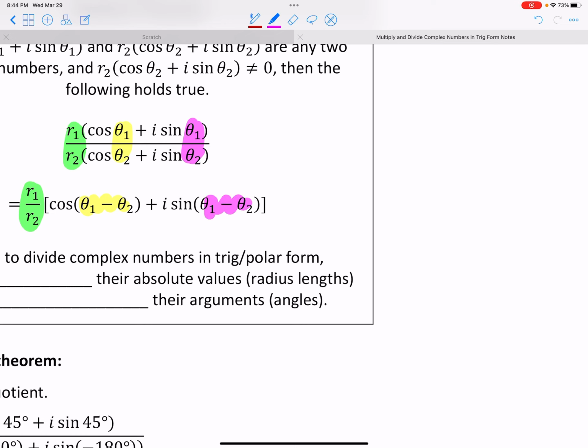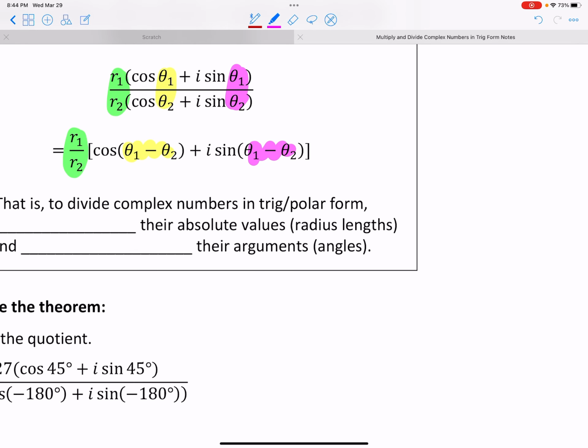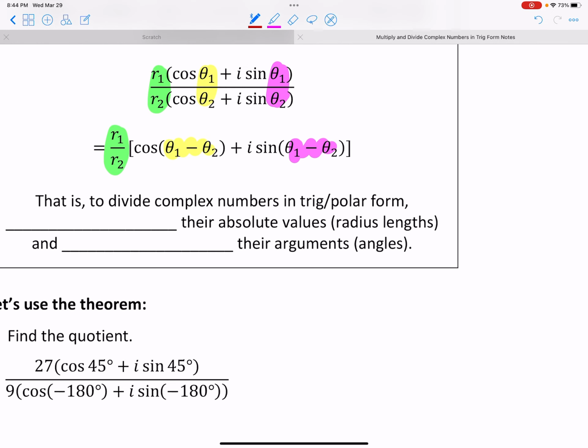It's going to be the same difference. That's going to be what represents our quotient. That's the quotient of those two complex numbers. So again, the key here is to divide the absolute values, which is the radius lengths, and then subtract the arguments, which are the angles.